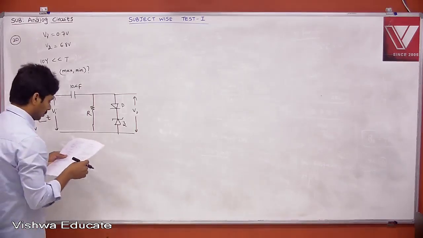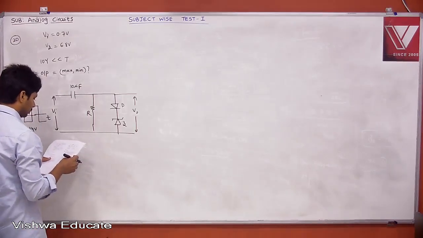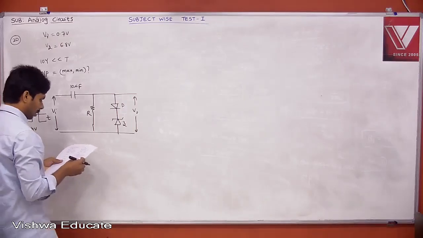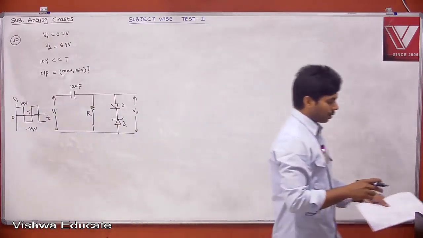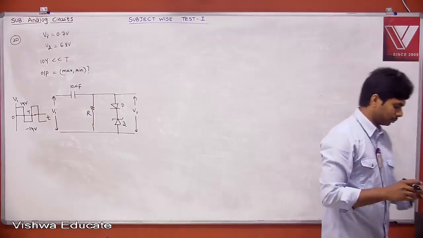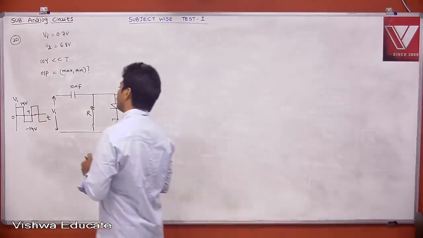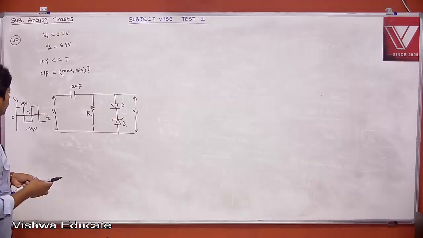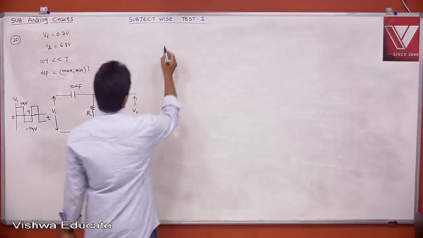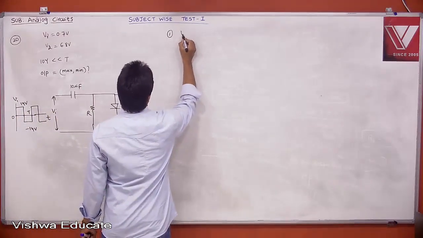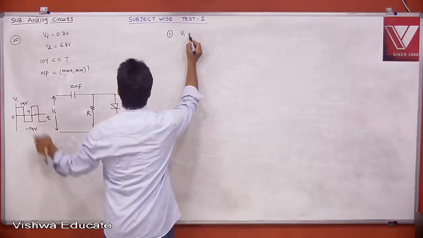Now let's see. Apply the input and see for which diode is on. For what voltage will it be on? For positive voltage. First case, Vi is equal to 14.